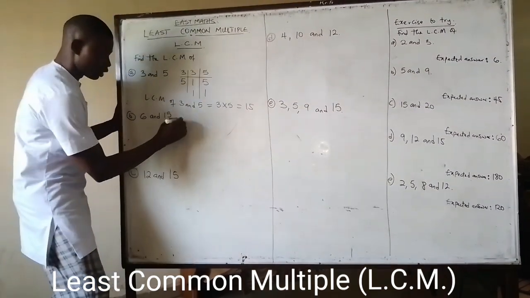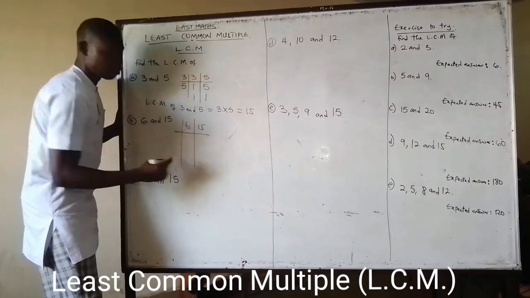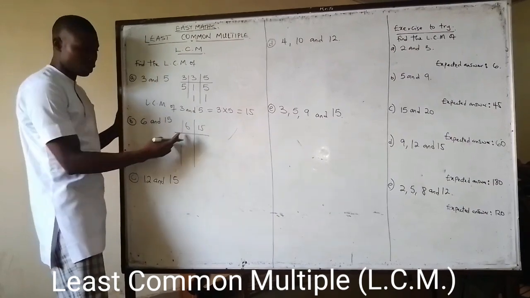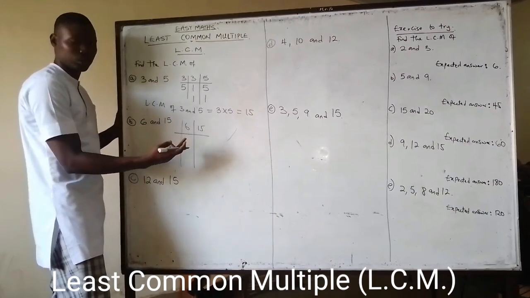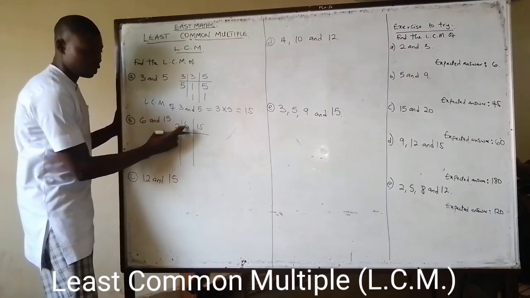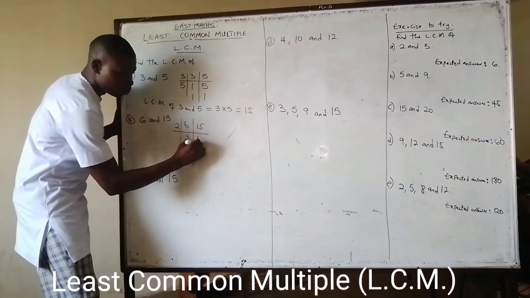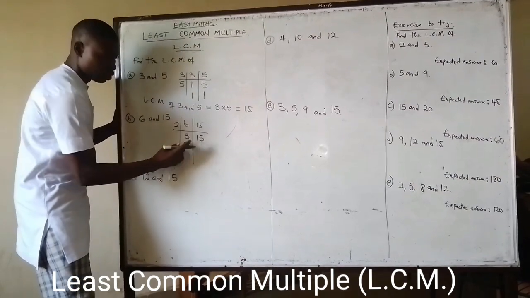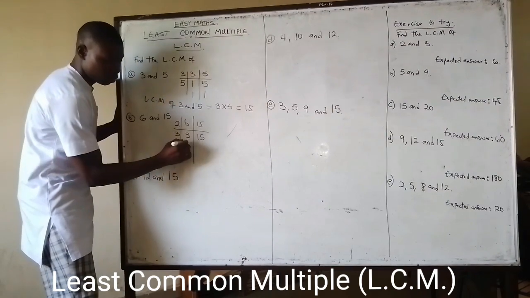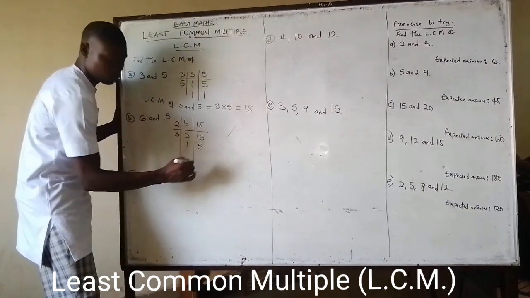We move on to the next one. This is 6 and 15. Because of our multiplication table, look at our division table, look at what can go in 6 or 15. We start with what? 2. 2 in 6 will give us 3. 2 cannot go in 15, so we bring down 15. What can go in these two is 3. 3 in 3 will give us 1. 3 in 15 will give us 5.